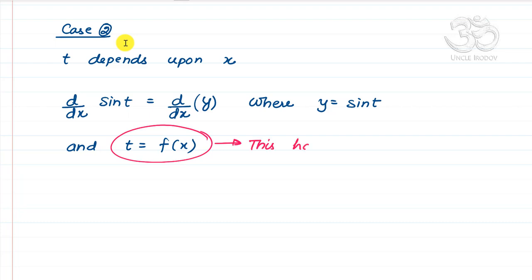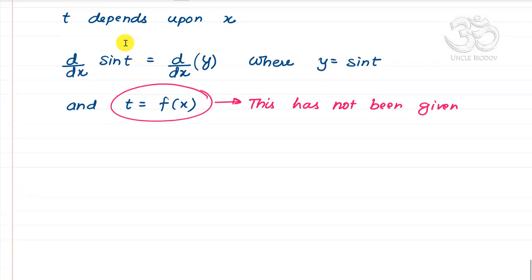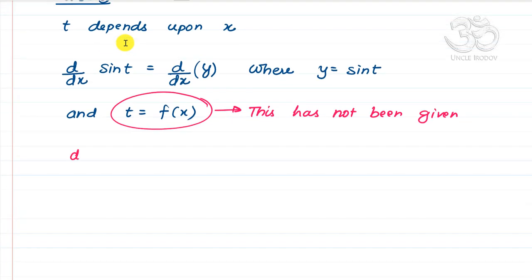This has not been given, but they still want us to write the answer in some manner. So now I want to find dy by dx, where y itself is equal to sine t. So dy by dx will look like dy by dt multiplied by dt by dx.